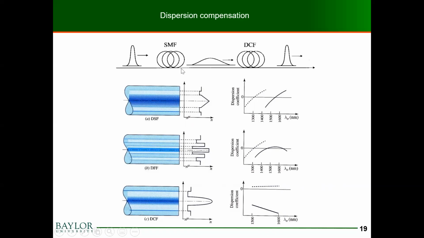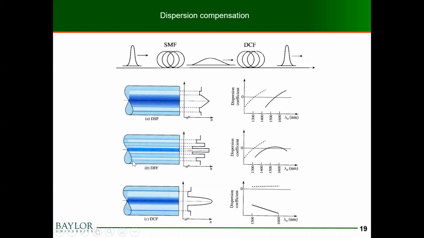Single mode fiber is mostly step index fiber. Now, dispersion shifted fiber has some kind of weird index profile. Originally it is like this, now the dispersion is shifted. If our center wavelength is here, one side is negative, one is positive, so that can be compensated.